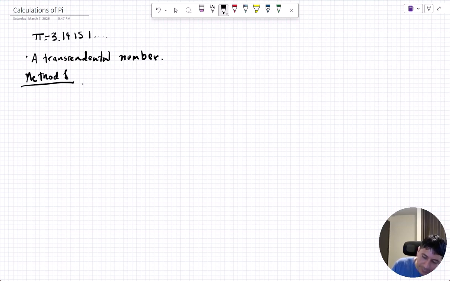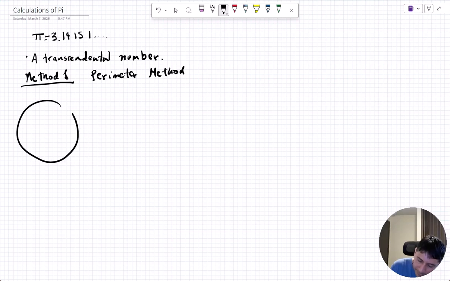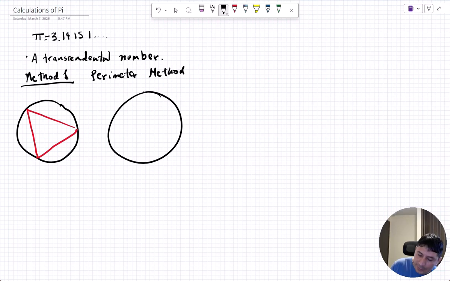We're going to use the perimeter method. And the idea is simple, right? So if we draw a circle, we can draw an equilateral triangle in it, and calculate its perimeter. Next, we can draw a circle and draw a perfect square in it, right?